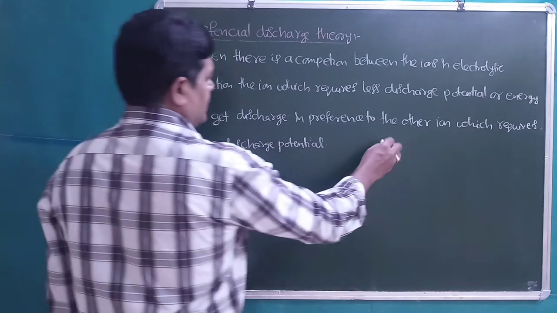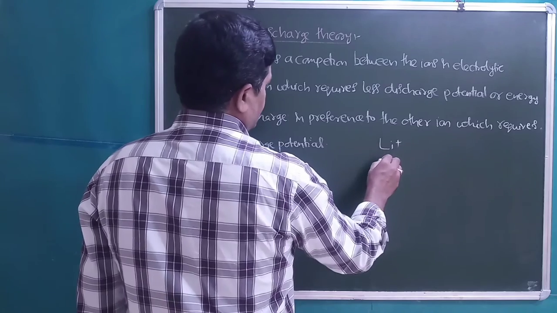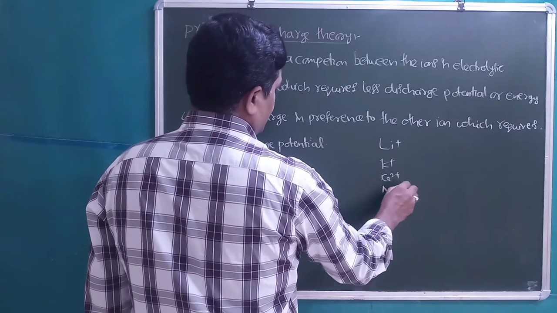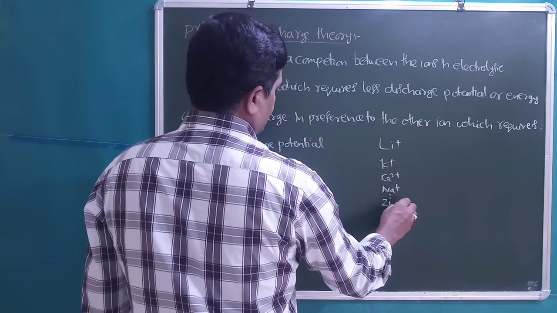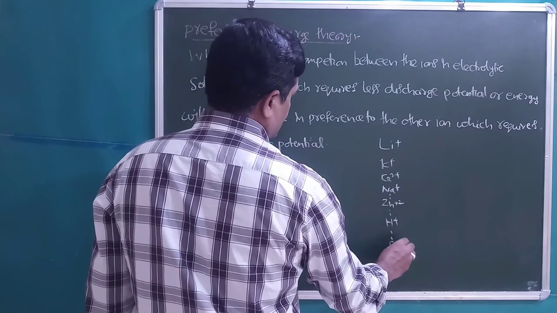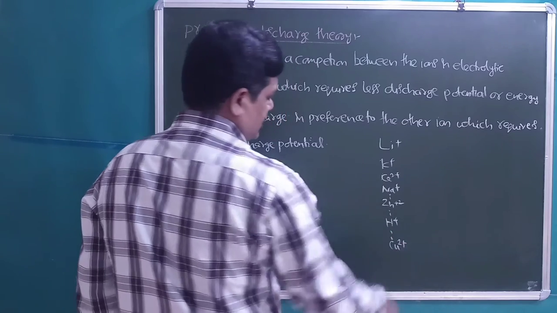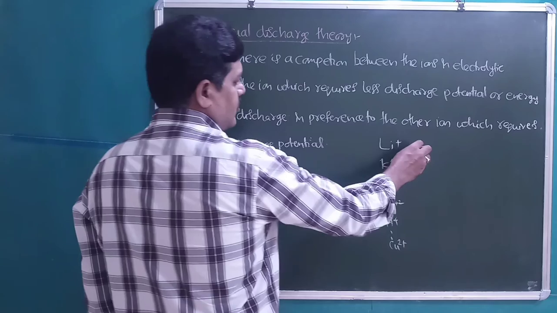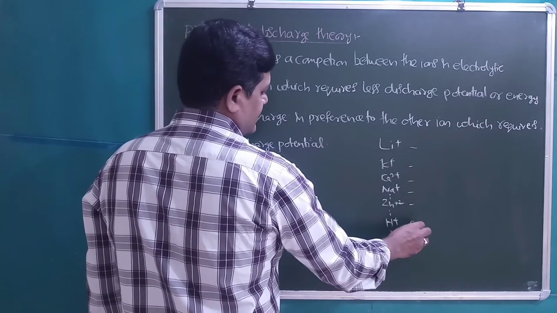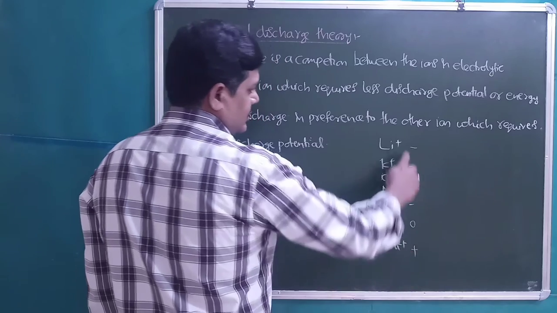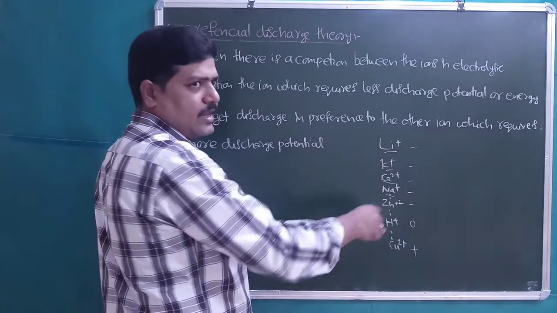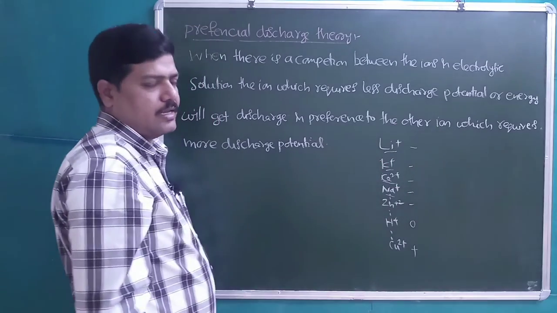The order is Li+, K+, Ca2+, Na+, in the middle we have Zn2+, then H+, then Cu2+, like that. This one has a more negative value, this is also negative, this is 0, this is positive. More negative, less negative, still less negative. Negative reduction potential values are decreasing.